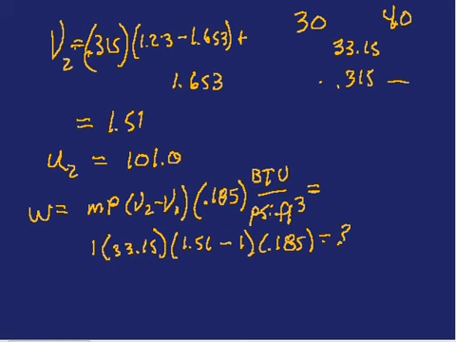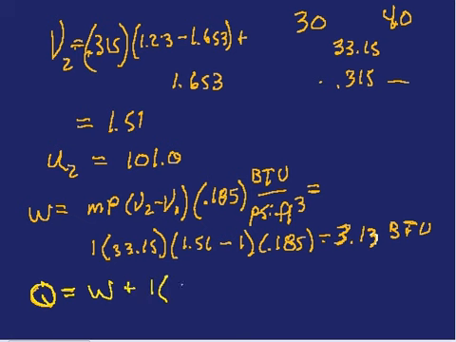And the energy balance then is Q in equals out. Work is going out plus delta U, that's the mass, 1 times U2, 101, minus U1, 74.25.